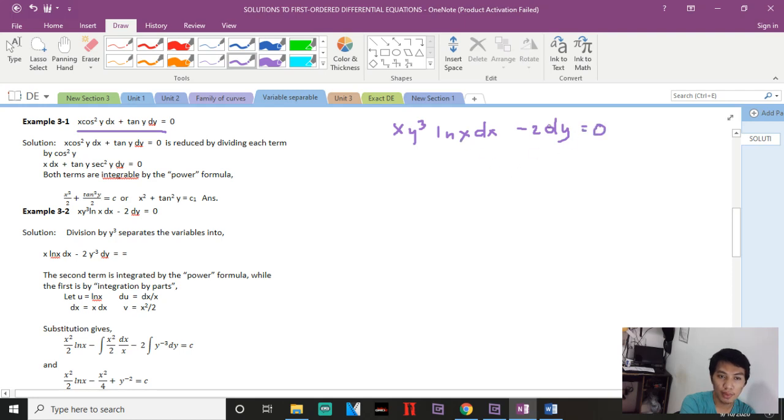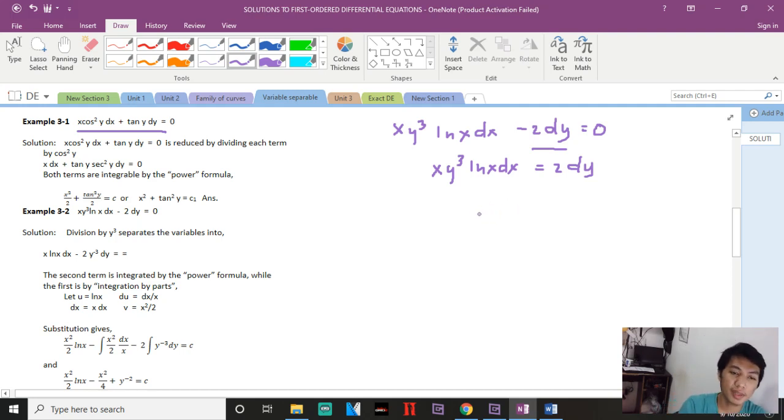Now, all I have to do is to transfer this one here, so that it becomes simple. x y cubed, sorry, x y cubed ln of x dx equal to 2y. Now, you can see.